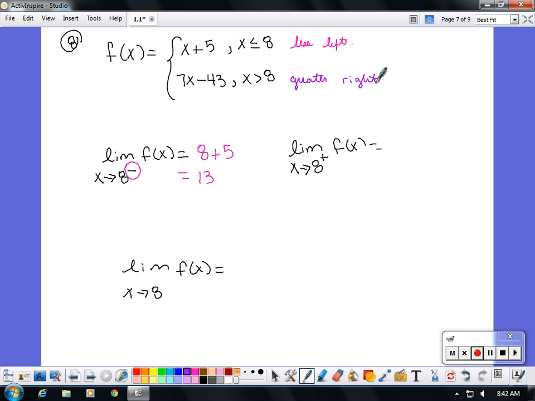So we're going to plug in 8 right here. You get 7 times 8 minus 43. So you get 56 minus 43, which is 13. And then if your left limit equals your right limit, then your overall limit is that number.